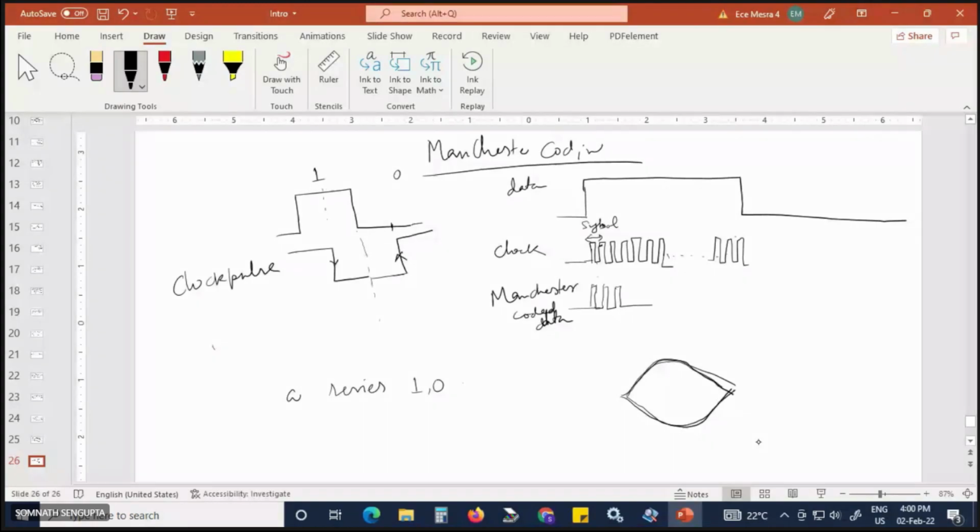So from the eye pattern you can see how good the signal is. If it is a good quality signal, the eye is clear. But if they are not aligned, dispersed, the rise time and fall time are not the same, and the transitions are not occurring at the same time, that means bad quality signal transmission.